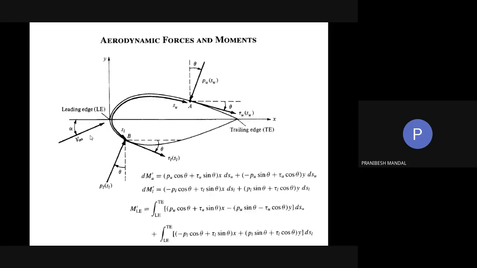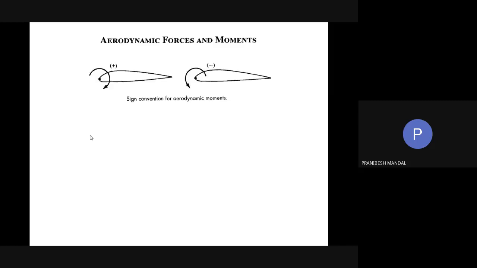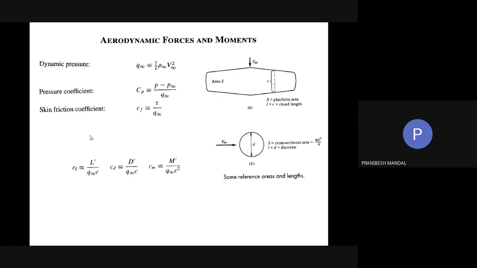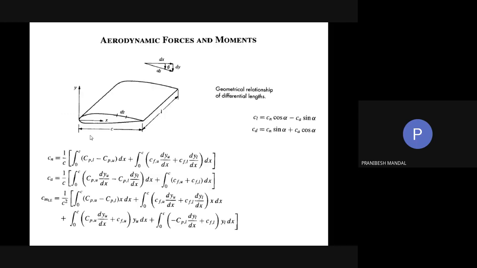If we divide both sides with the corresponding normalizing factors, q infinity c square and q infinity c, then after normalization this particular thing comes into the picture.